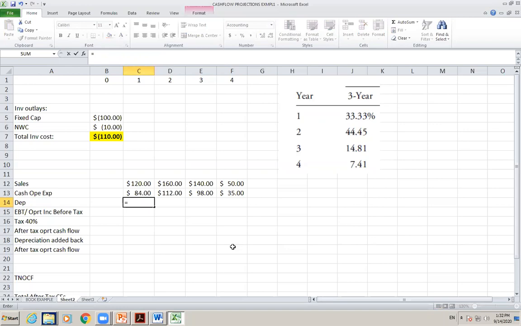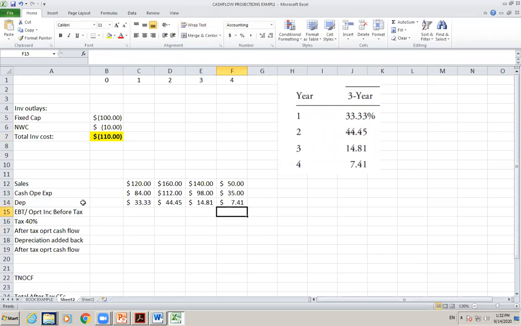In the first year, it is 33% of the 100 million, so 100 times 0.3333. In the second year, our depreciation is 44.45% of 100, so 100 times 0.4445. In the third year, 100 times 0.1481, and the last year, 100 times 0.0741.